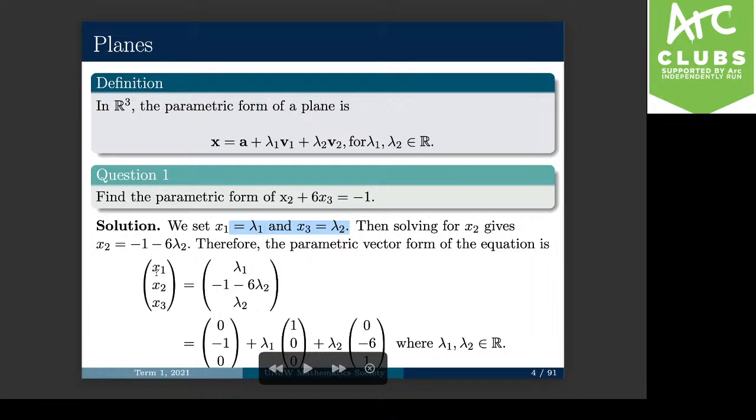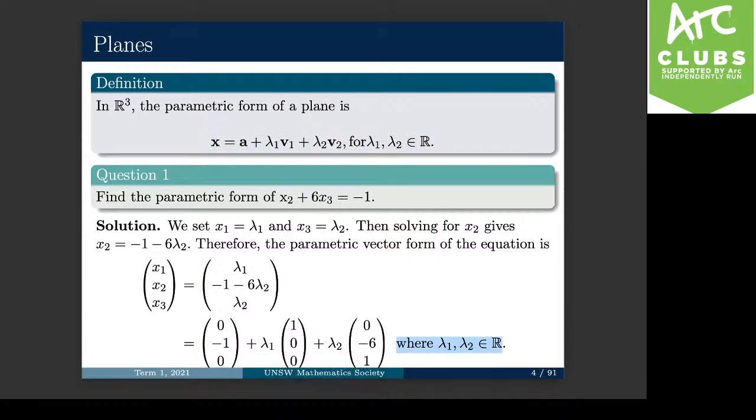So x1 is lambda 1, as we set, x2 is -1 minus 6 lambda 2, which we found here, and x3 is lambda 2, which we set. Then we convert everything into this format exactly as the definition, noting that lambda 1 and lambda 2 are all real numbers.